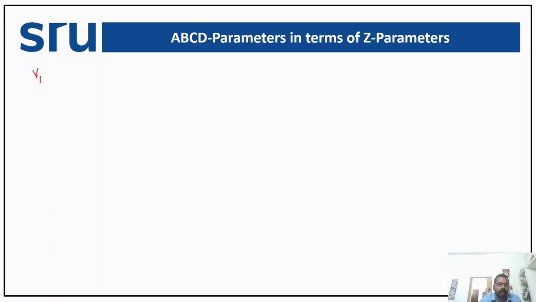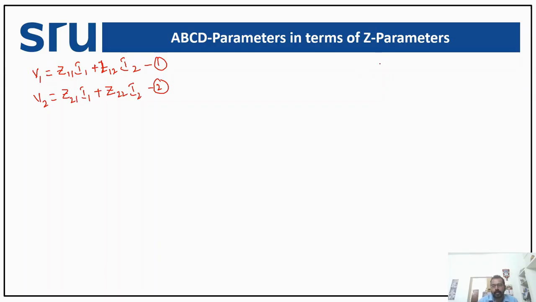First, V1 equal to Z11 I1 plus Z12 I2. V2 is equal to Z21 I1 plus Z22 I2. Let us assume this is equation 1 and this is equation 2. Now let us write here the ABCD parameters.